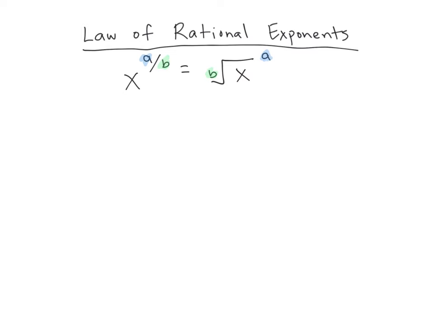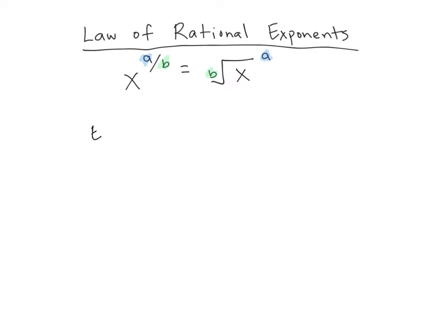Now, in the previous problems, we always had a 1 in the top, so 1 was a on our last screen. But in general, those problems might have one extra step if a is a number other than 1. And we'll see that in the next couple examples here.